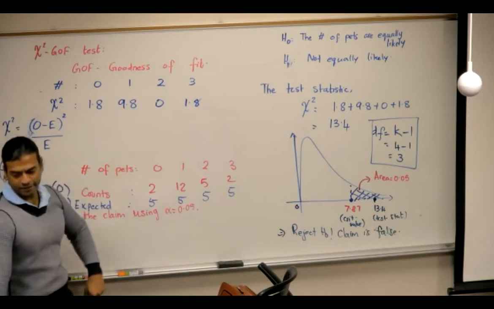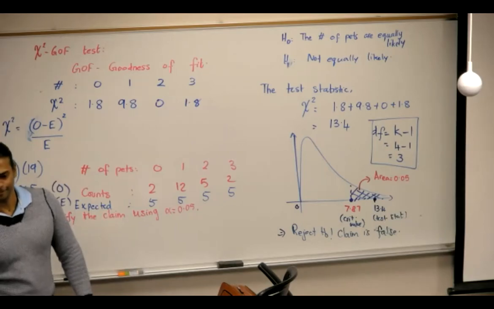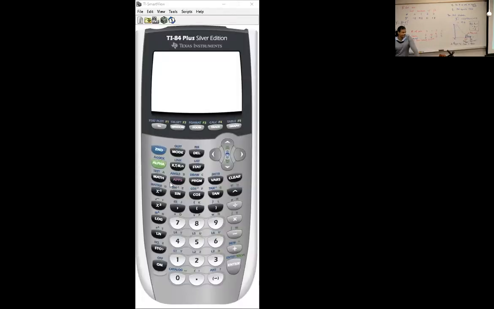How did we find the p-value last time? This is a right-tail test. The p-value is the area above the test statistic. So press second, bars. If you scroll down, get chi-squared CDF.